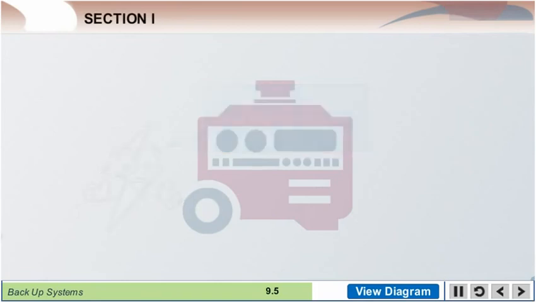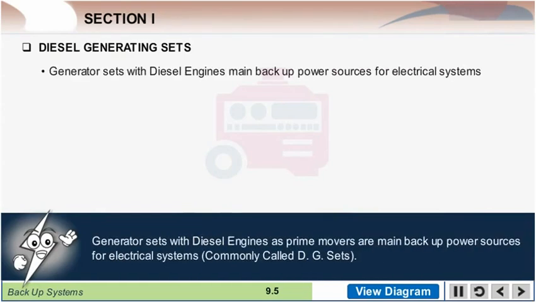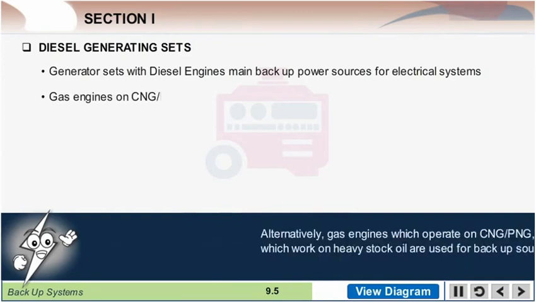Let us begin with Section 1. Diesel generating sets. Generator sets with diesel engines as prime movers are main backup power sources for electrical systems, commonly called DG sets.